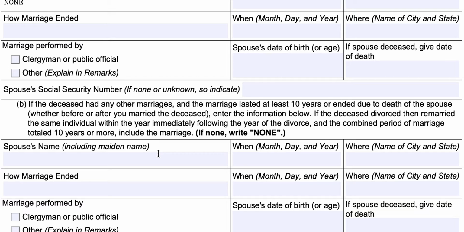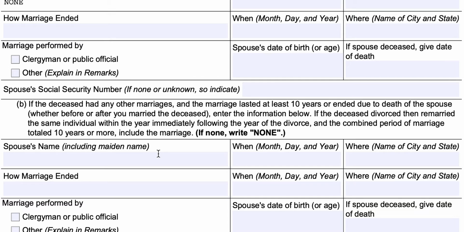So this information is pretty important because a decedent could have earnings history that might justify their current spouse being able to draw social security benefits, and any spouse where the marriage lasted at least 10 years, or if the marriage ended due to the death of the spouse.